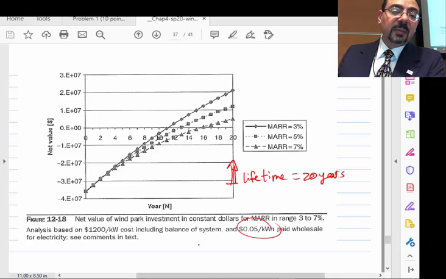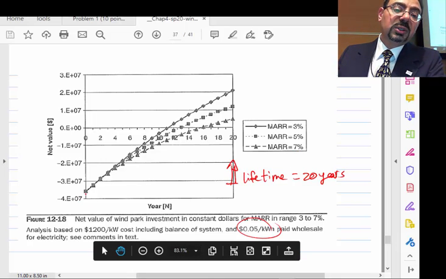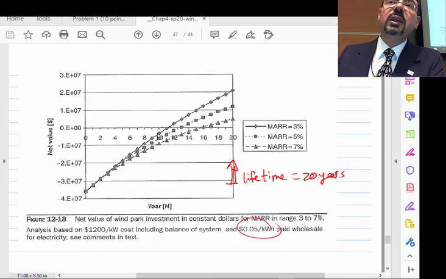If you know the initial cost that you have to pay up front, and you figure out how much energy you are harvesting every year, and you multiply that energy by 11 cents, you will be able to figure out how much money you are making every year.